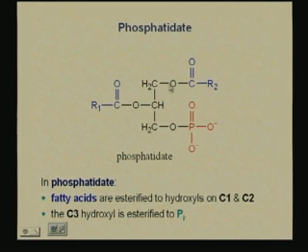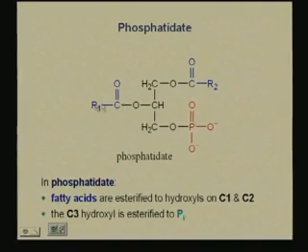You recognize the black part here is part of glycerol, CH2OH, CHOH, CH2OH. Okay. Now, what has happened is at the first 2 carbons, C1 and C2 have been esterified by fatty acids.